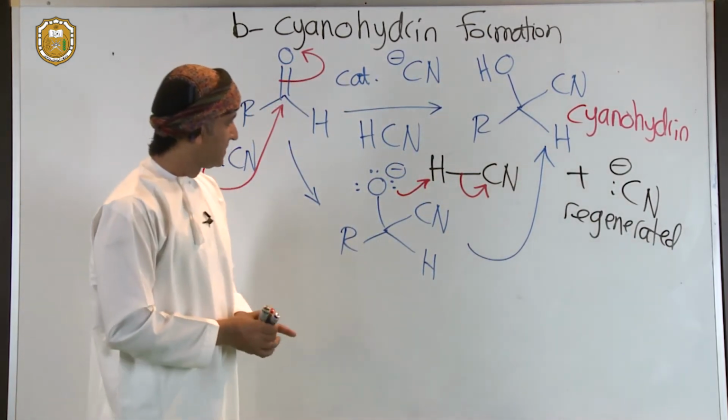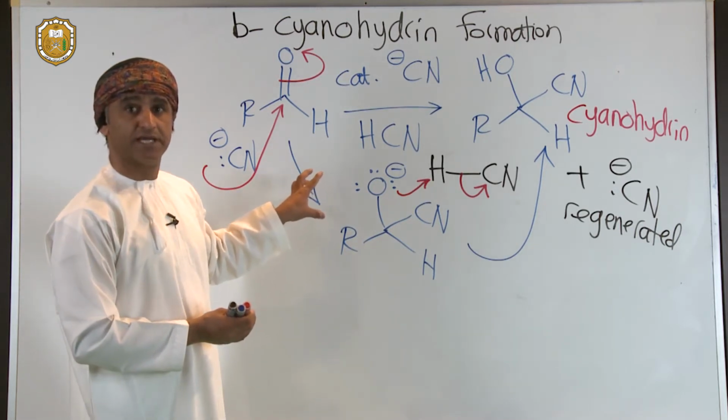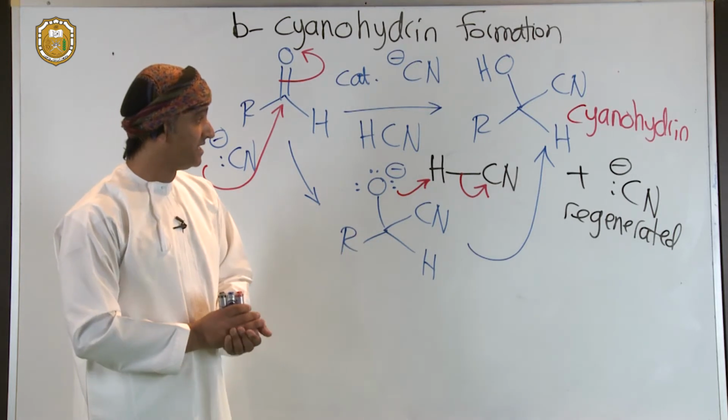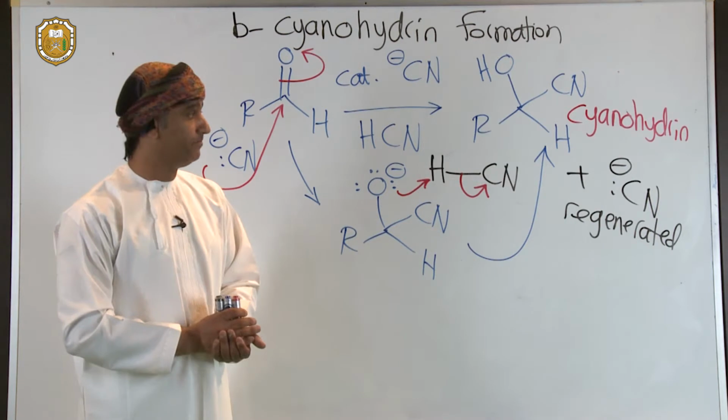So this is a general representation, with a mechanism, for the attack of the cyanide ion on aldehydes to give the corresponding cyanohydrin. These reactions are actually reversible.